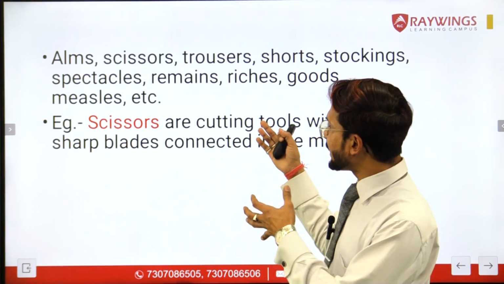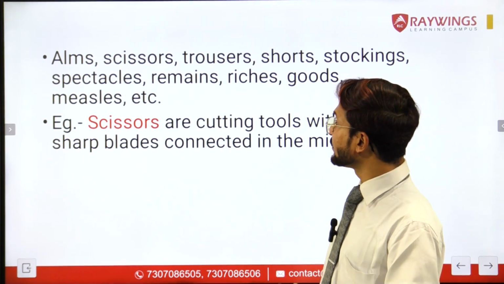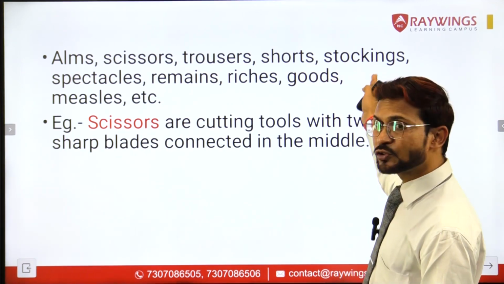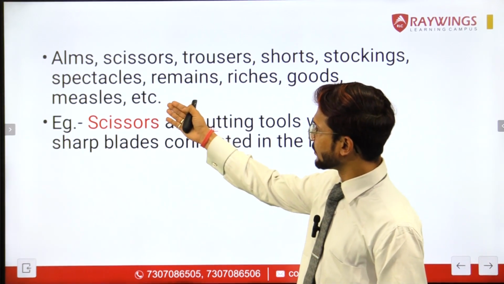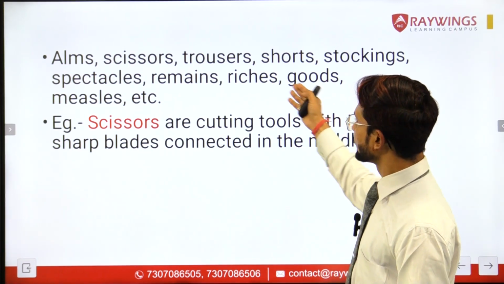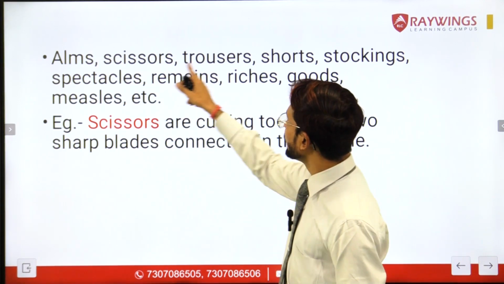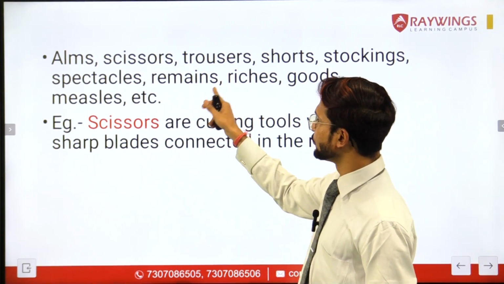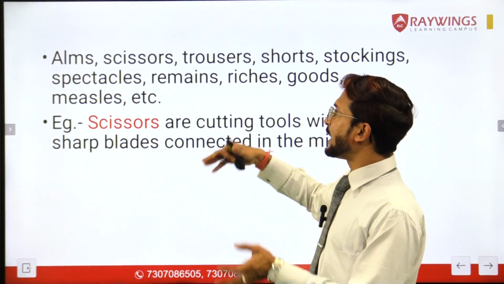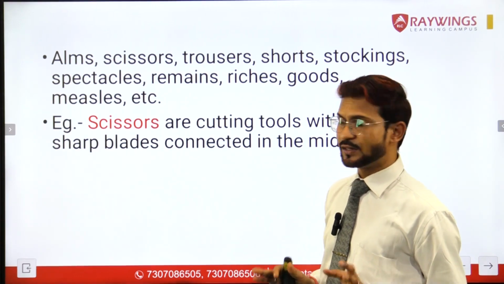The next set of nouns says alms, scissors, trousers, shorts, stockings, spectacles, remains, riches, goods, measles, etc. Now you can see that all these words have s after them, and they are also considered to be plural in nature.